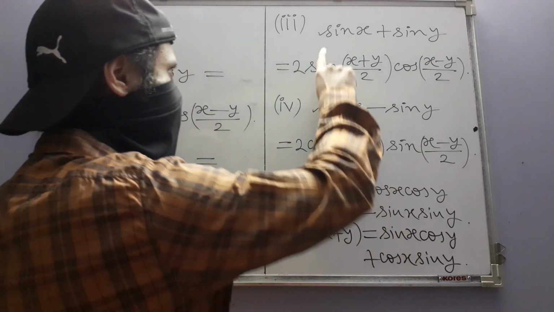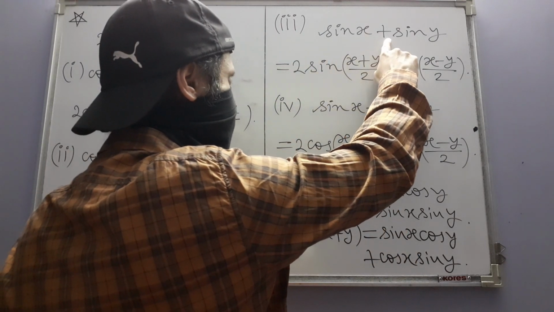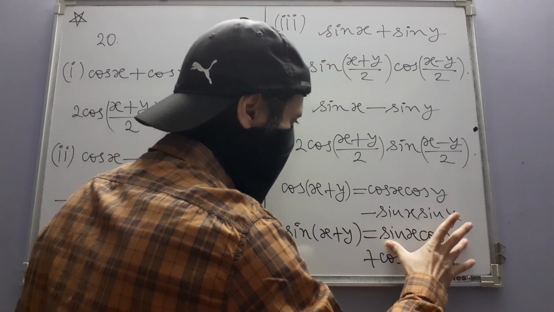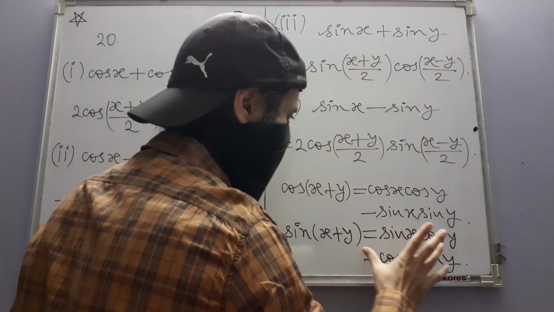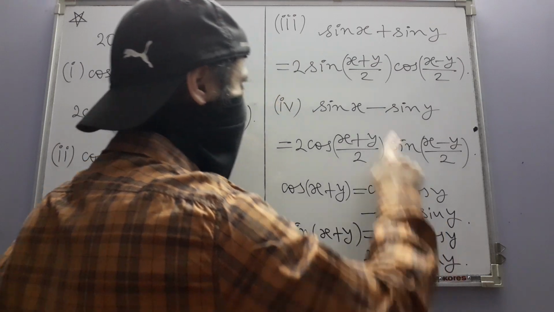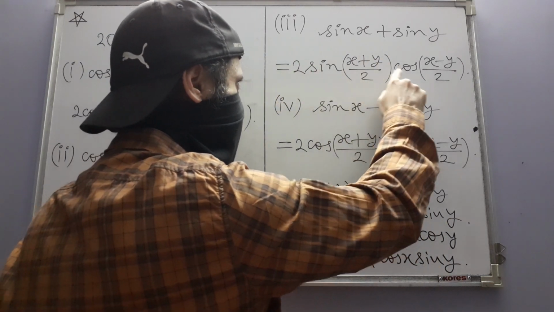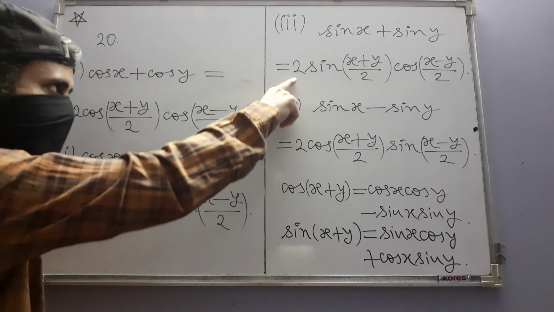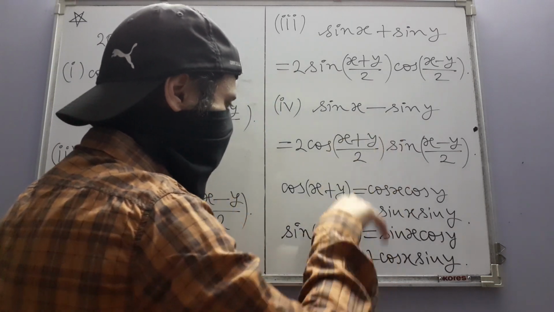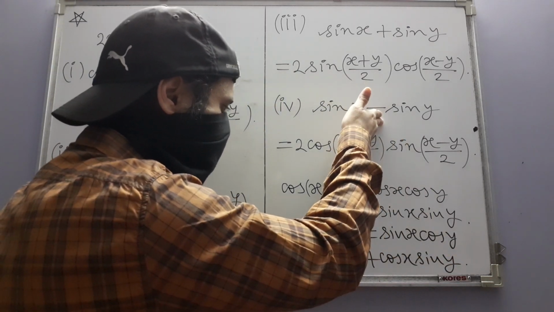Accordingly, when plus comes first, then whatever you have here has the form of this term, sin cos: sin of x plus y over 2, cos of x minus y over 2, and these two of course will be there. And then the next thing is minus.